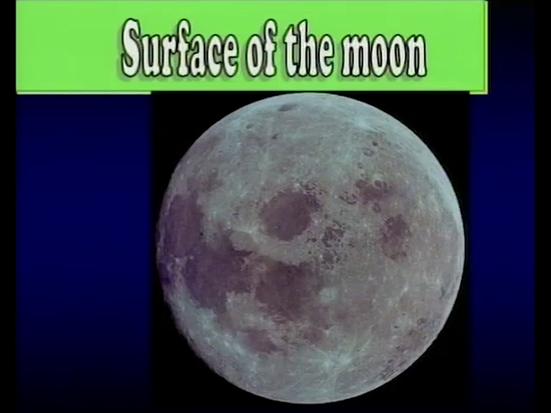Very good. Now you've given me one of your interesting descriptions about the moon. So let's have a look at some of what you have mentioned. Let's have a look at the next picture.